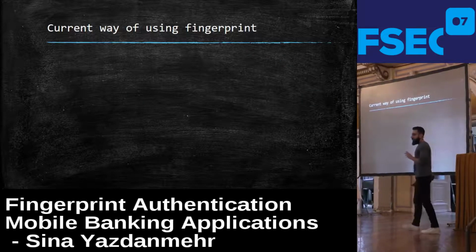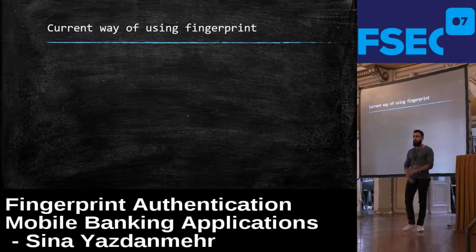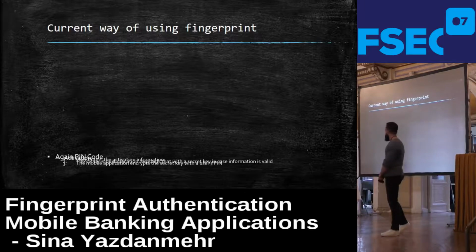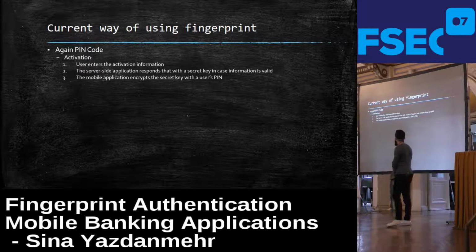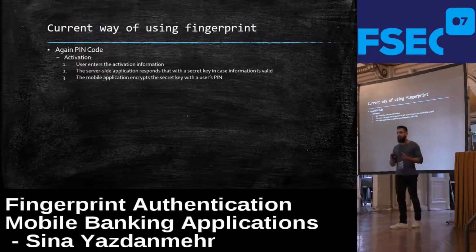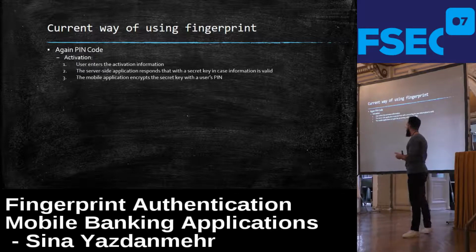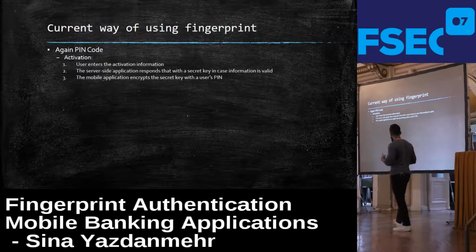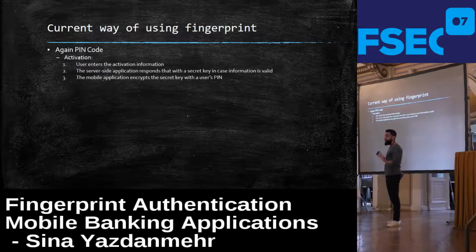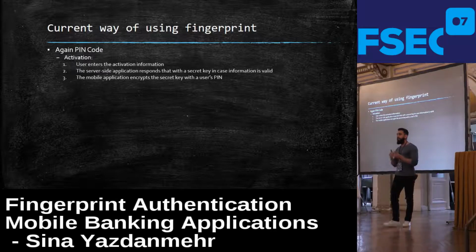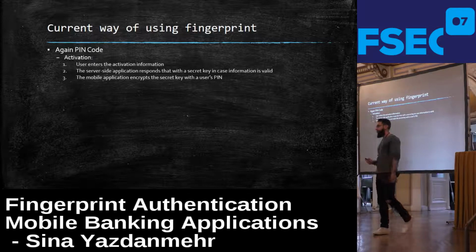Okay, let's take a look at the current way developers use fingerprint authentication. The first three steps are the same as before. The user inputs the activation information, gets back some secret key information from the server side, and the application encrypts the secret key with a PIN code which the user determined.